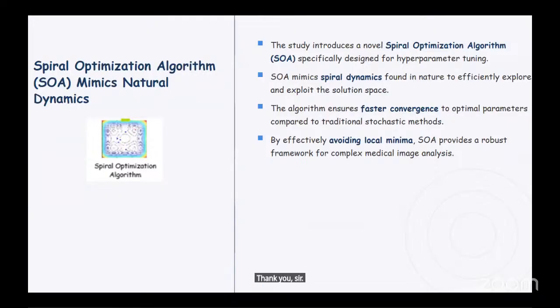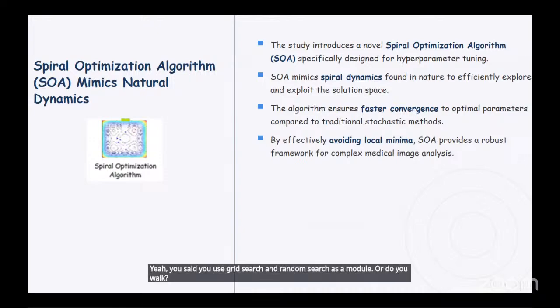I just have some concern with the work. You mentioned that you used grid search and random search as a model, right? You said you use grid search and random search as a model for the work.